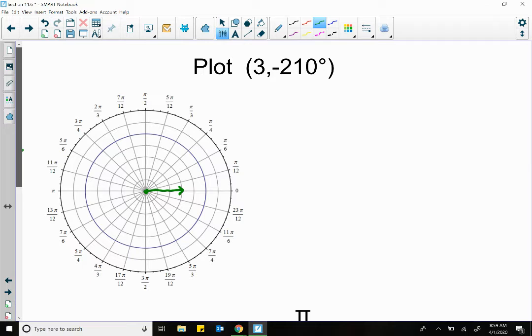That will give us a negative 7.6, which, so let me see something here. 7.6, so negative 210. Negative 7.6 should be right here.